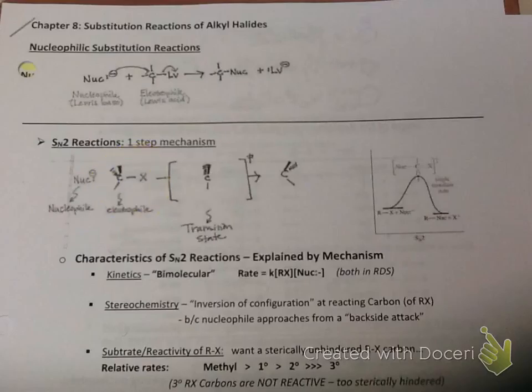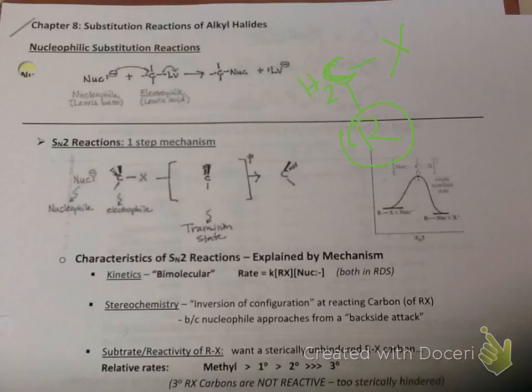Now, we talked about this in a previous chapter, but there are different classifications of alkyl halides. If an alkyl halide, a C-X bond, has 3 hydrogens bonded to it, we call it a methyl alkyl halide. But if the alkyl halide has 2 hydrogens and 1 R group bonded to it, the carbon has 1 R group bonded to it and 2 hydrogens, we call that a primary alkyl halide.